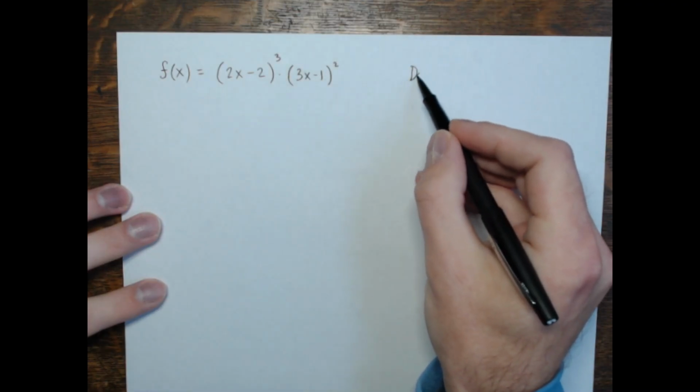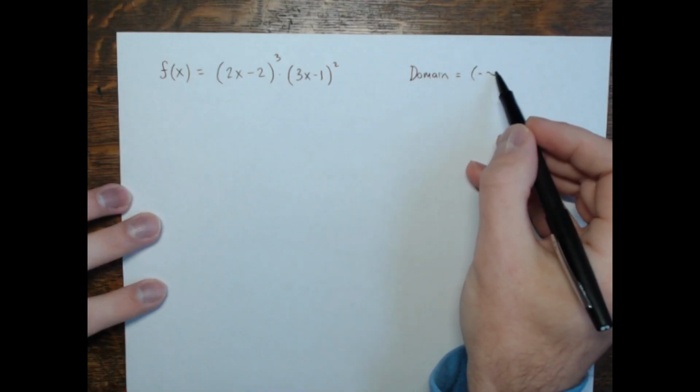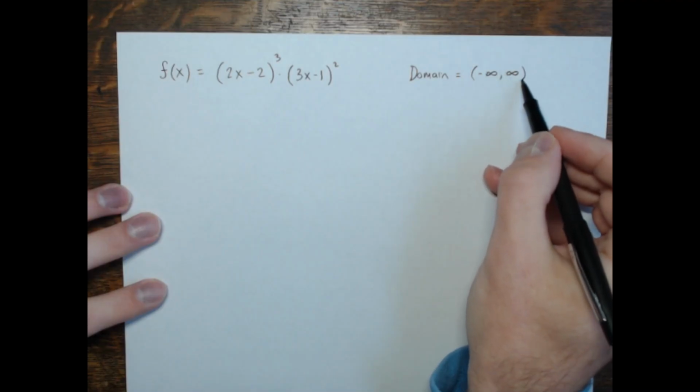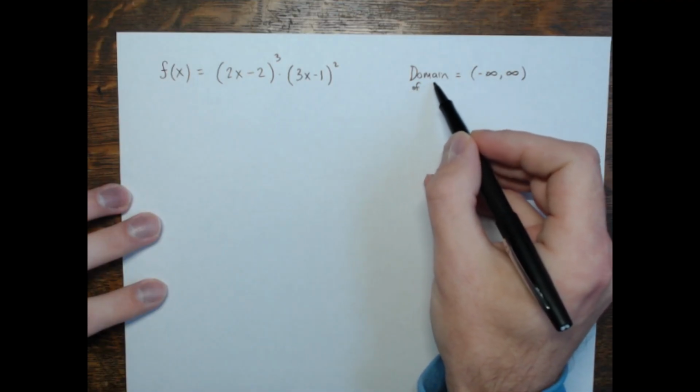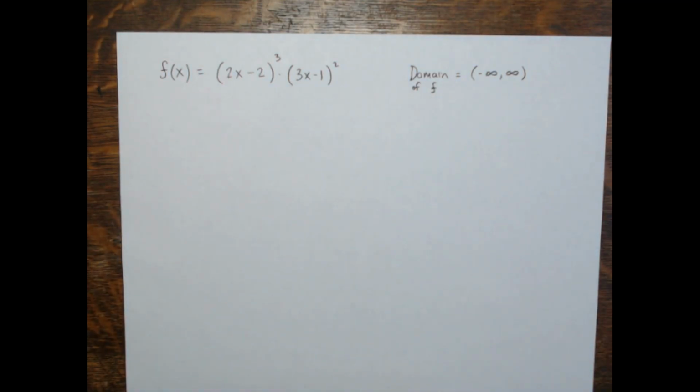Now the domain of this function is all real numbers, right? It is a polynomial function. So the derivative will be a polynomial as well, so I don't have to worry about it being undefined. So we're just going to really focus on where the derivative is 0.